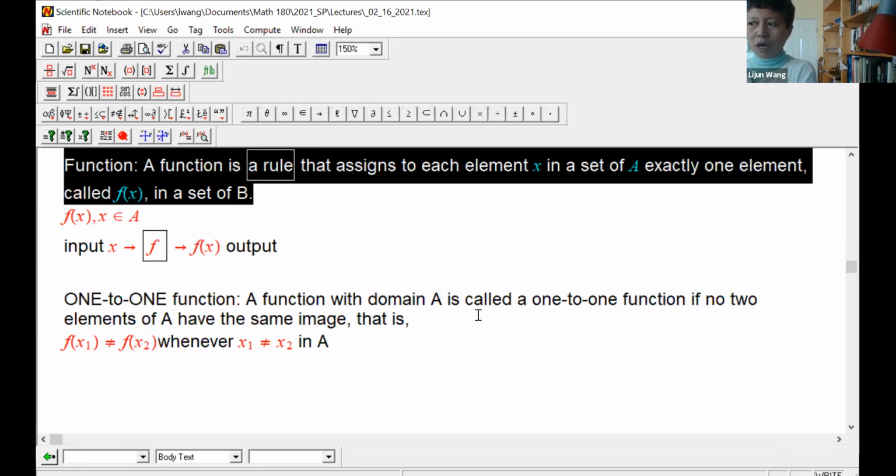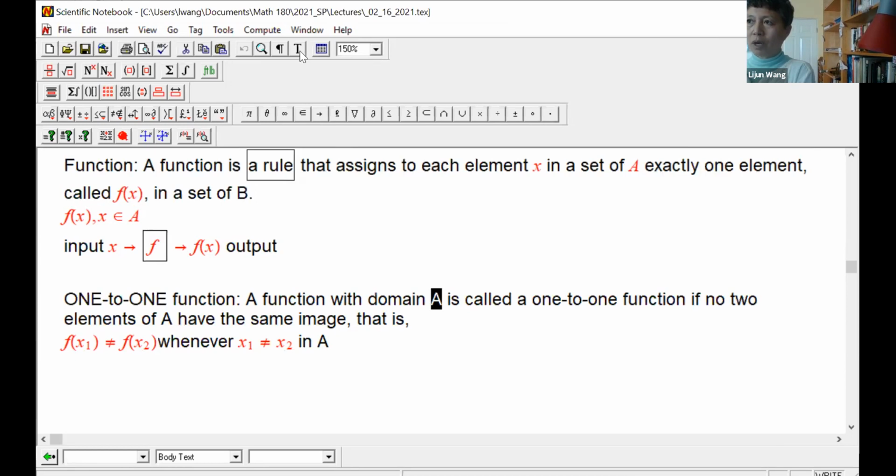But we have more requirements. We have more requirements, domain. So a function with domain A, whatever the domain is, is called a one-to-one function if another condition holds. So a one-to-one function has more conditions than a function.